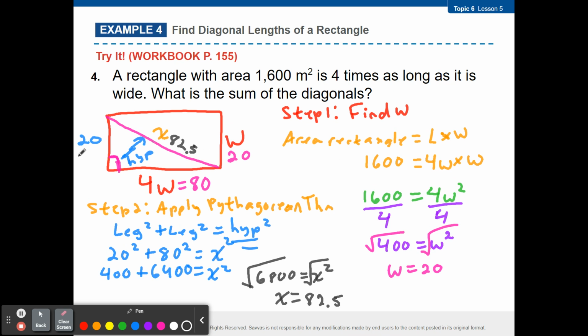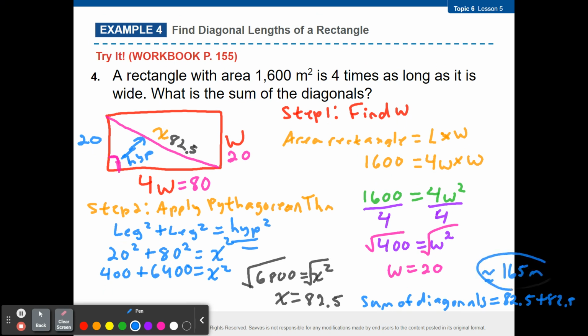But they want the sum of the diagonals. So in order to get the sum of the diagonals, it's going to be 82.5 plus 82.5, which leaves you with about 165 meters.